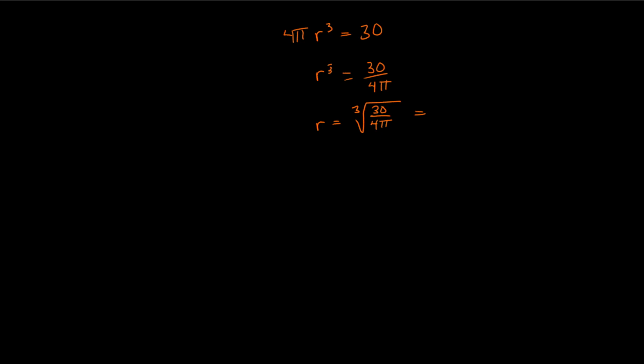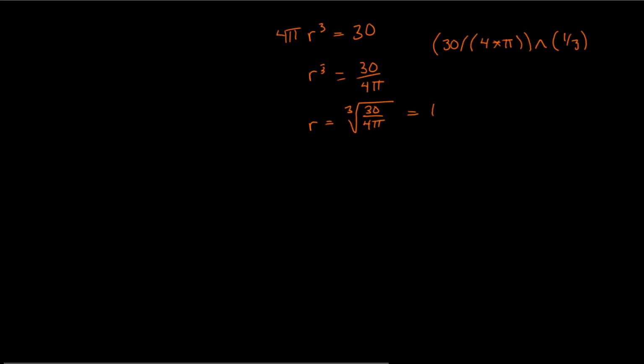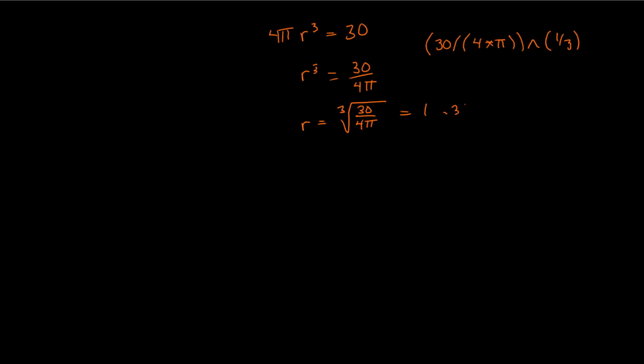And the way I've actually entered this into the calculator reads like this: 30 divided by parentheses 4 times pi raised to the 1/3 power. And when you do that, you wind up with an r value of 1.337, rounding it off to 3 digits.